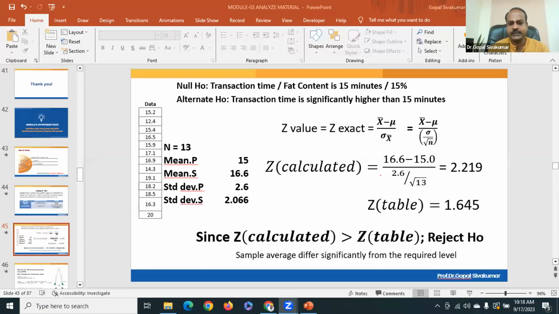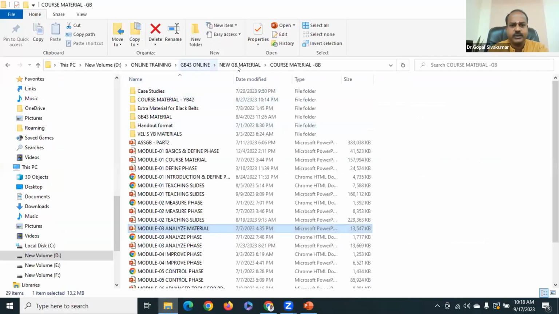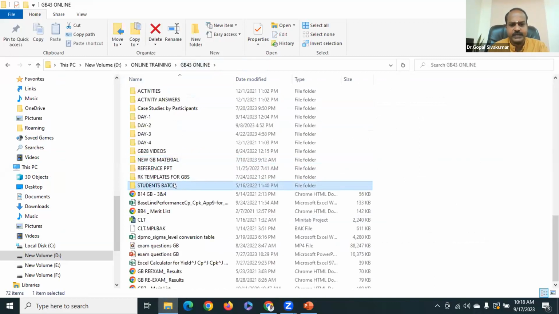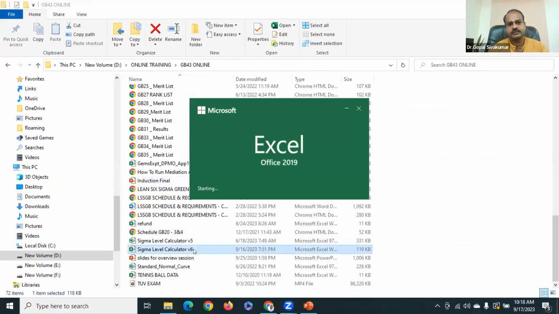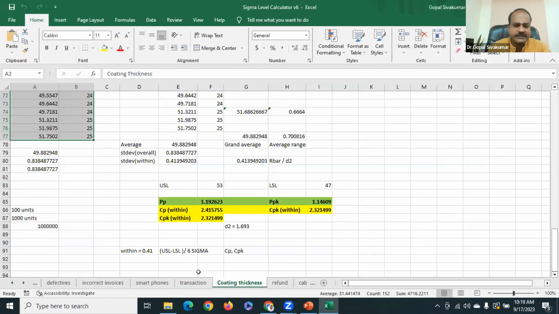So first thing is we need the data. Those of you who want to do it parallelly can also try. The data I have given in the sigma level calculator. I'm opening it for you. See, if you understand, you can handle any scenario.